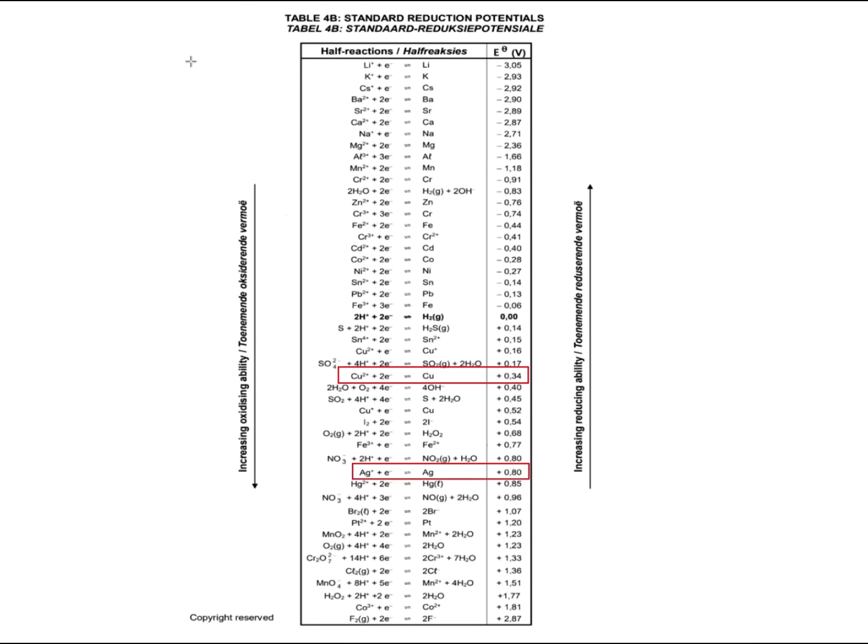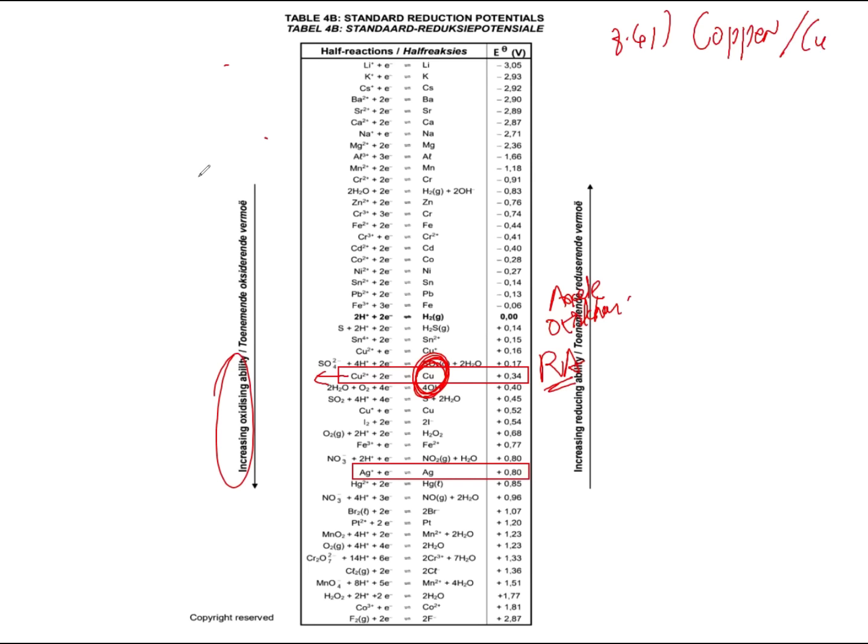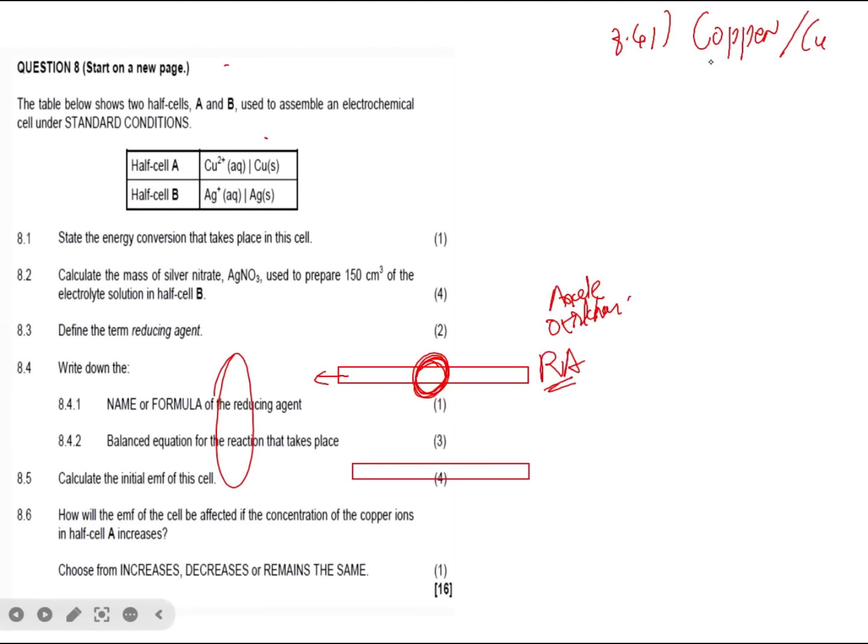Right. So obviously from here, we can see that this is the anode, right? This is where oxidation takes place. Reducing agent is the one that undergoes oxidation, and it's found on the anode. So the reducing abilities are here. So that means it has to be the copper. So copper, or you just go Cu. Did they say name or formula? Let's check. Name or formula, yes. So copper.